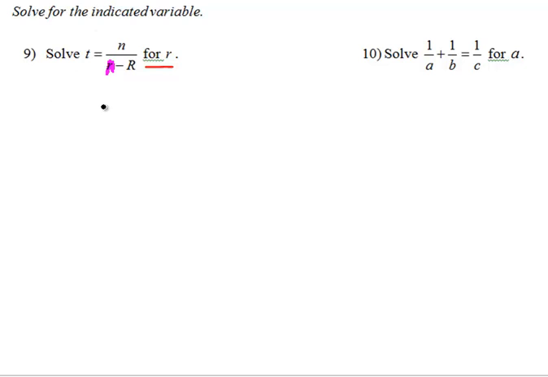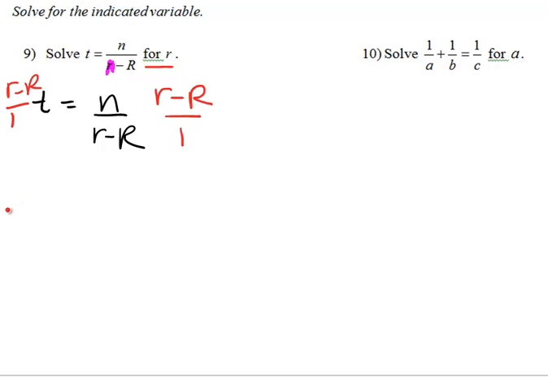So I'm going to start out by rewriting. And I'm going to multiply both sides by this because I want to get this out of the denominator. So r minus R over 1 and r minus R over 1. Those cancel out, and that leaves me with r minus R times t equals n.